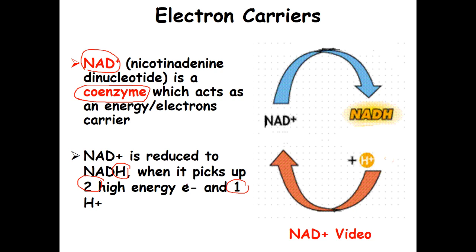So this is the energy carrier. When I say it is an electron carrier, remember electrons have energy, so it's also called an energy carrier. When you go from NAD plus to NADH, we call this reduced, right? Again, a reduced electron carrier.